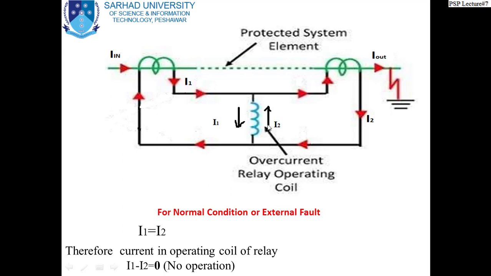Since for external fault or normal condition I1 and I2 must be equal, therefore I1 is equal to I2. So the current in the operating coil of the relay is I1 minus I2, which is equal to 0, and there is no operation, right?